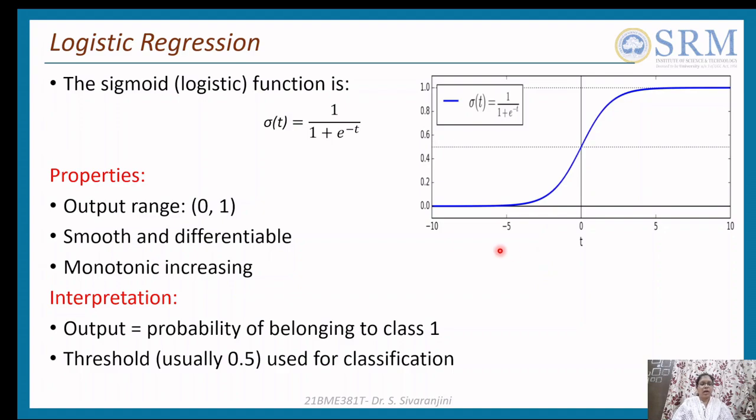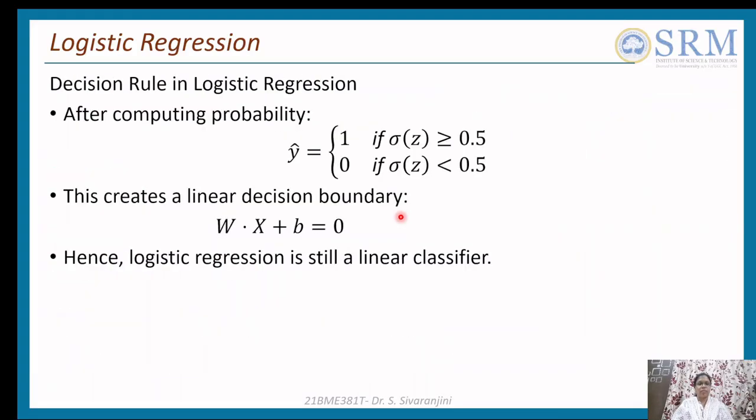So the output interpretation will be through a threshold, which will be used for classification. It is a hard class decision: where the output is greater than 0.5, it belongs to class 1, and where the output is less than 0.5, it belongs to class 2. So the decision rule in logistic regression relies on computing the probability.